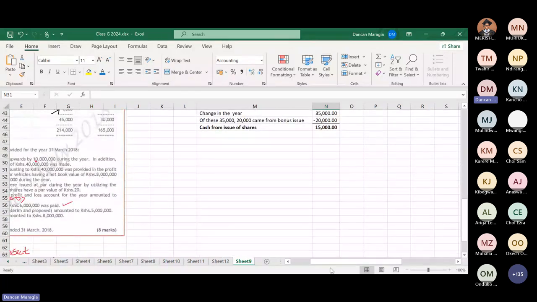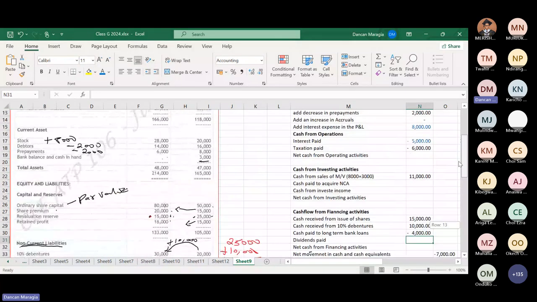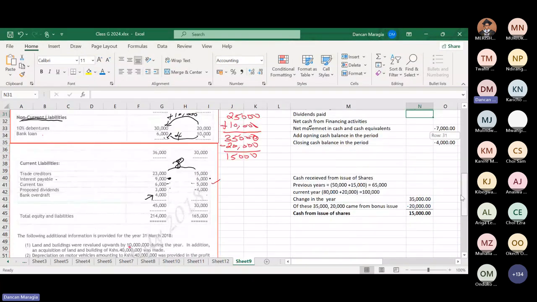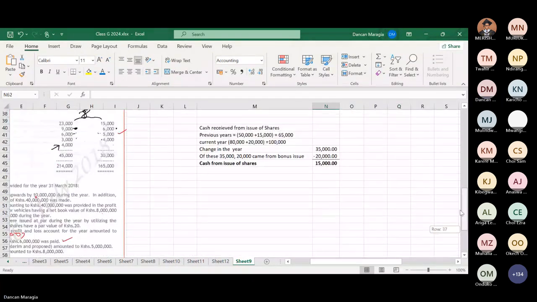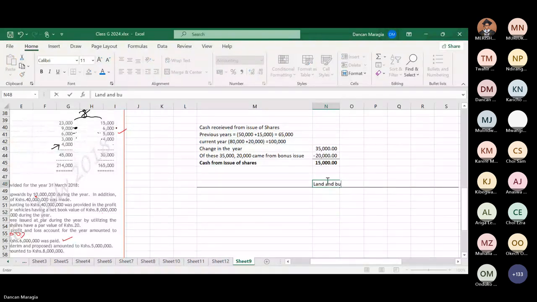Now, for non-current assets, this is what I would appreciate you do for each non-current asset. For land and building, draw the carrying amount, because they were given a carrying amount.